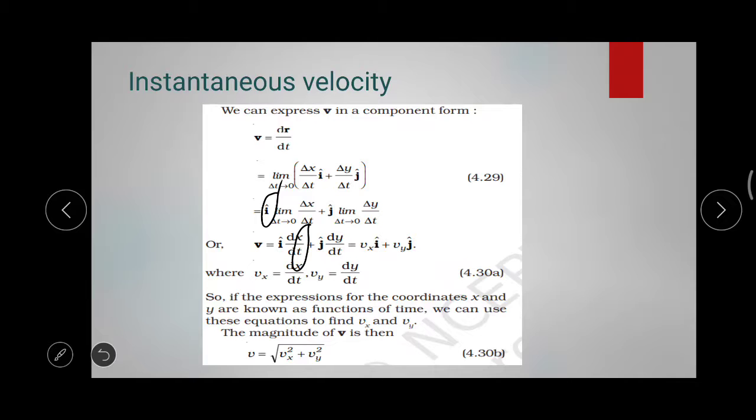Here dx by dt is the x component of the velocity, vx, and dy by dt is the y component of the velocity, vy.